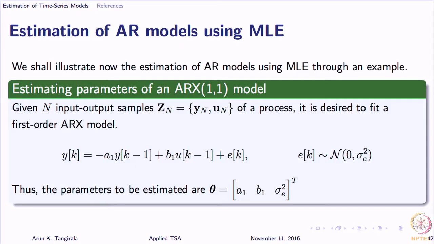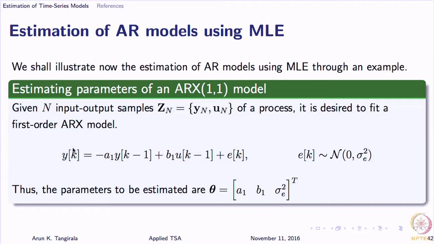So, the goal is now to estimate A1, B1 and sigma square E. If you do not like B1, you can just ignore B1 in your mind. Now, the goal is to set up the likelihood function of the n observations of y that I have. Of course, I also know u, but it is okay, you can ignore the input part.